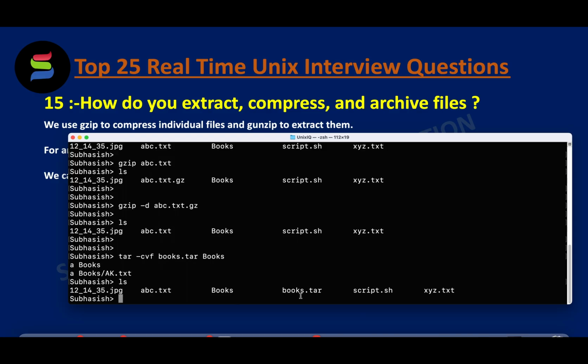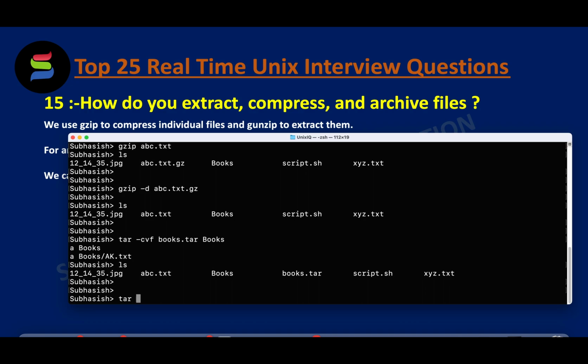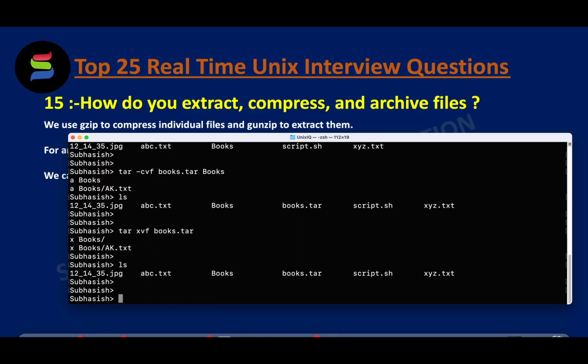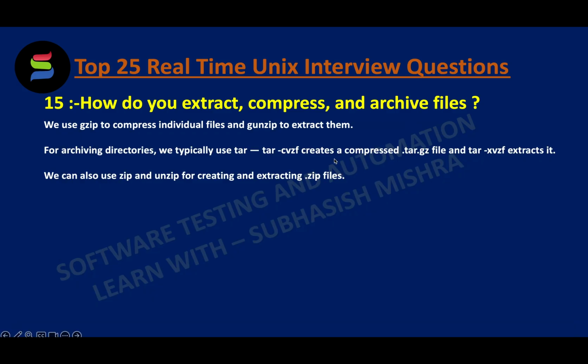Again, to extract it, what can we do? tar -xvf, then we can say books.tar. So you see again it got extracted. So to answer your question, here is the detailed answer. You can read it one more time. We will move to the next question.